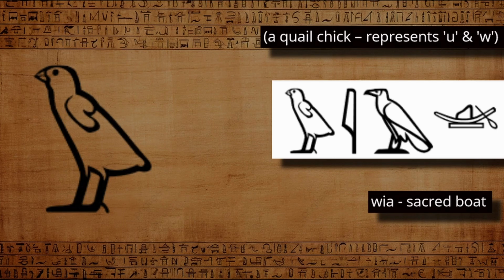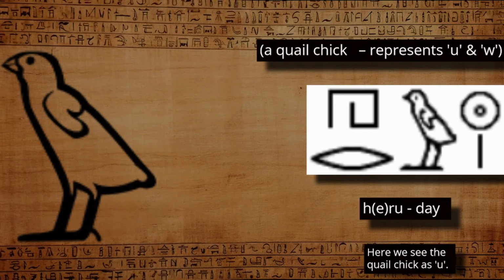By now, you might have started noticing a pattern with ideograms. Isn't it interesting how to fare downstream and sacred boat share the same ideogram, a river-related theme? And here's our quail chick again, this time taking on the sound oo. And you might be able to spot a trend here.